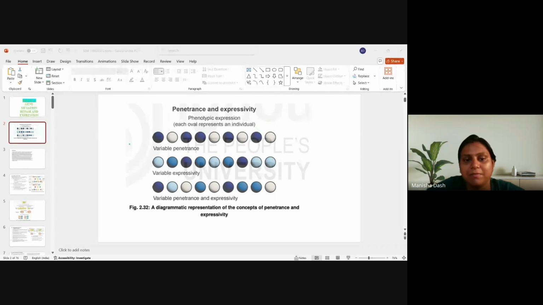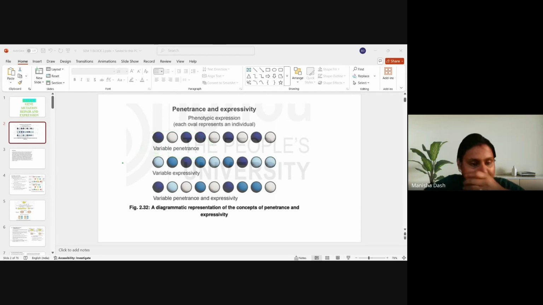The rest five are not showing the phenotype associated with the particular genotype. So in this case, we can say the trait does not have a 100% penetrance level, or we can say it has a variable penetrance.